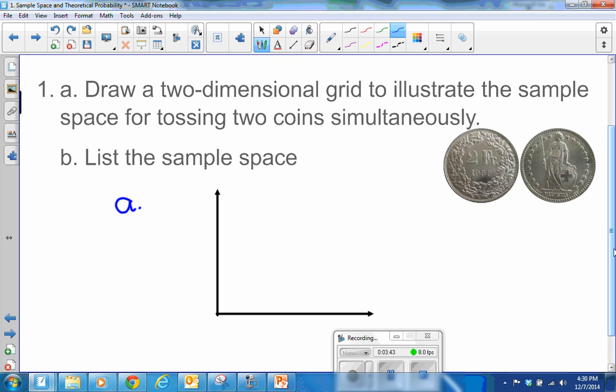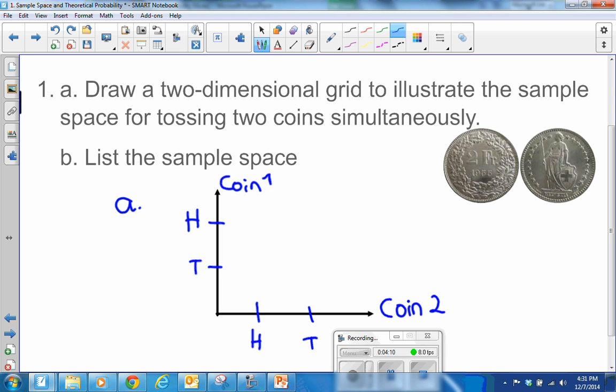So, this is going to be my first coin, and this is going to be my coin number 2. So for coin 1, I have heads and tails, and for coin number 2, I have heads and tails.